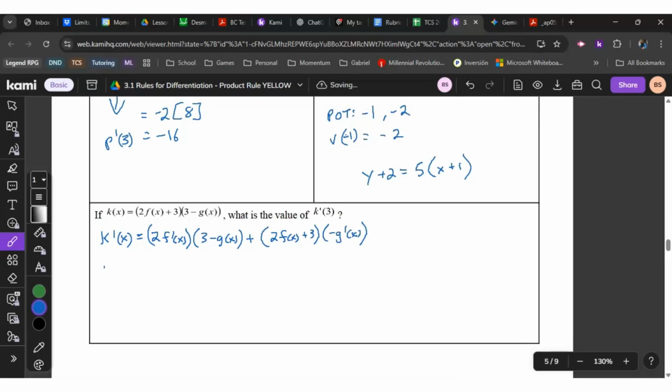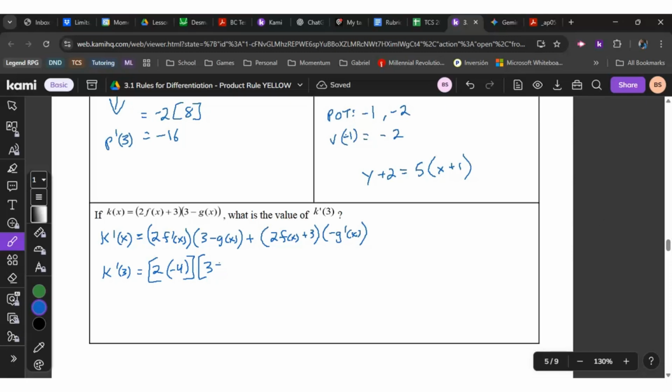All right, now I need to figure it out when x is 3, right? So this is going to be 2 times f prime of 3. What's f prime of 3 if you look up top again? Negative 4. Okay, then we're going to multiply that one by 3 minus g of 3. What's g of 3? Isn't it negative 3? Yes.